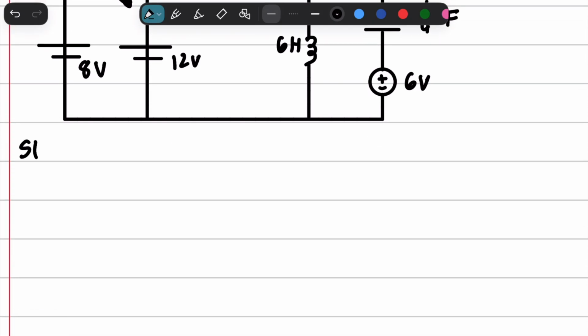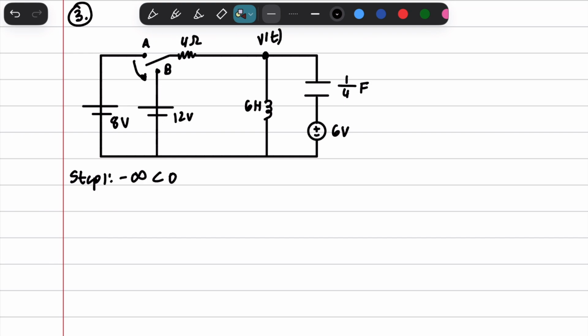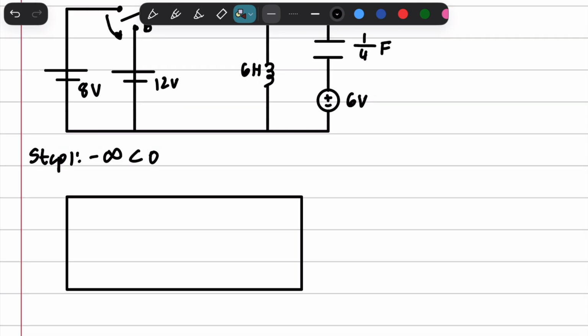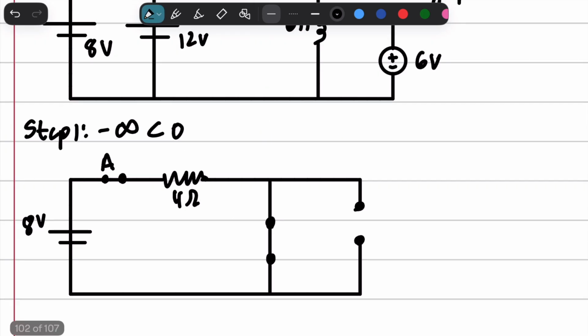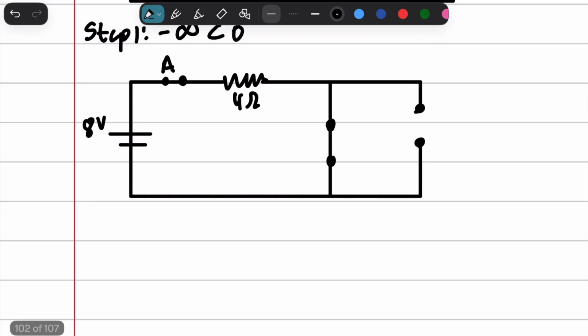So once again, like normal, step one, we're going to do an analysis on the negative time frame, and we will see that it's at position A at first, and we're going to go ahead and find our initial conditions.